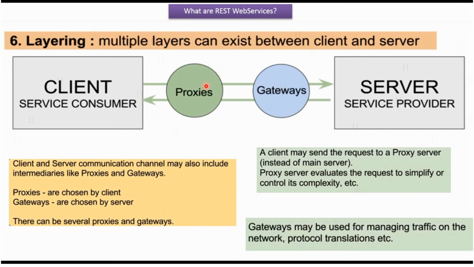Proxies are chosen by the client, and gateways are chosen by the server. There can be several proxies and gateways, and the client may send a request to the proxy server instead of the main server, and the proxy server evaluates the request to simplify or control its complexity, etc. And gateways may be used for managing traffic on the network, protocol translation, etc.